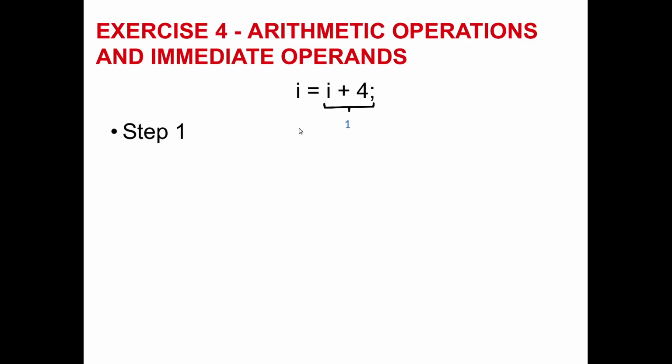So I hope that you still remember that in the instruction list we have an instruction that adds a register together with an immediate value, and so we will need only one instruction or one operation to show this equation.